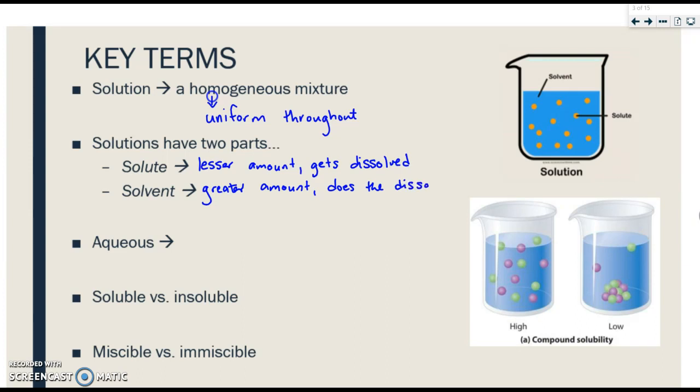Most solutions that we focus on are aqueous solutions, because they include water. So the term aqueous, also reviewed from a previous presentation, is symbolized as AQ, and it means dissolved in water.